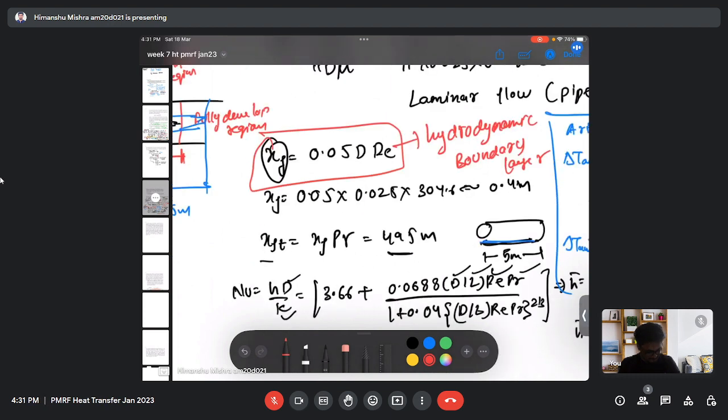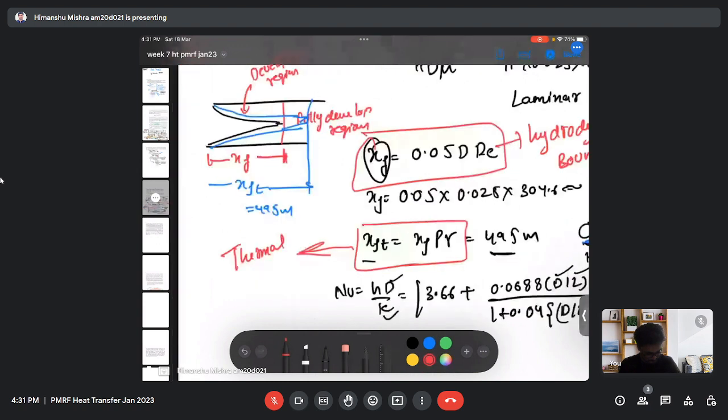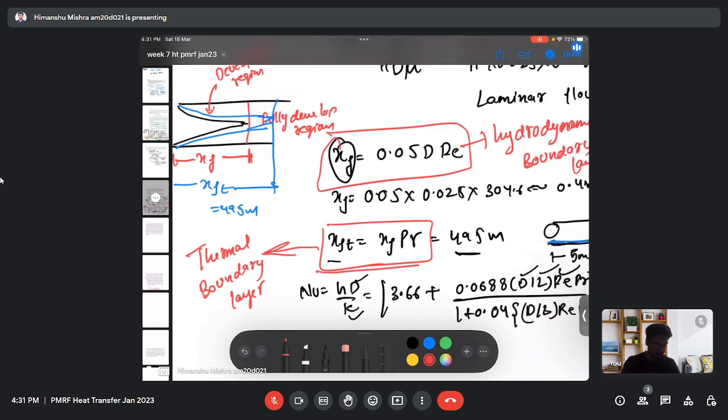And this is for thermal boundary layer. And we found that based on the thermal boundary layer relation, the flow is still in the developing region because we got a developing length very large compared to the length of the pipe itself.